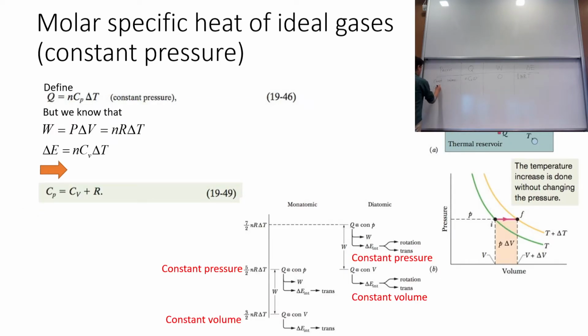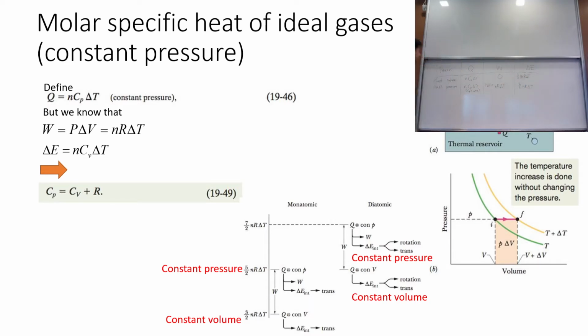Constant pressure, this is the definition, where Cp is equal to Cv plus R. And the work is nR delta T, because for constant pressure, it's just P times delta V. So maybe we can write both, P delta V. And the internal energy is, again, always 3/2 nR times the change in temperature.